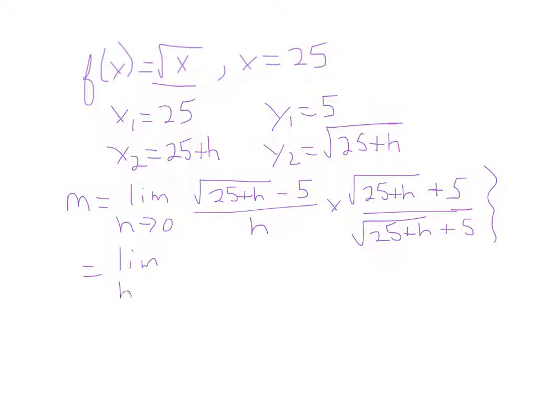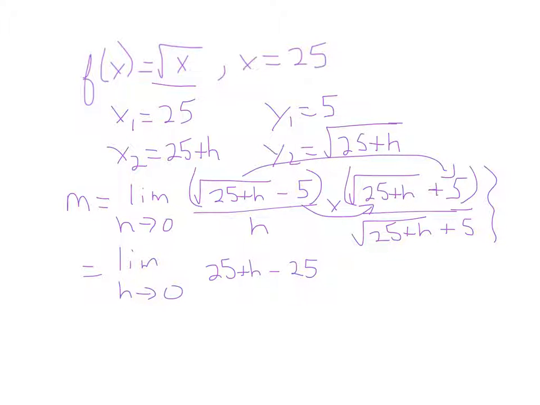And so here we're going to take the limit as h approaches 0, and we're going to multiply this bracket by this bracket. We're going to get 25 plus h if we square the square root. And then when we multiply this times positive 5 and this times negative 5, those will cancel out, and we'll end up with minus 25 for the minus 5 times plus 5.